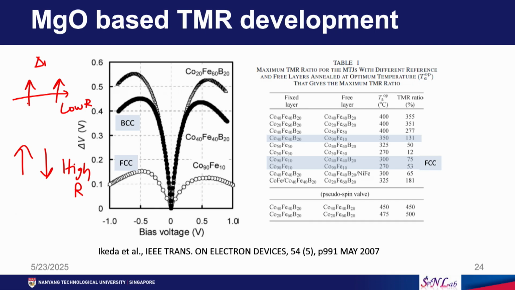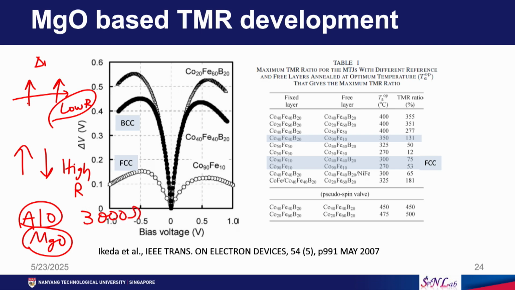The key difference between aluminum oxide and magnesium oxide is that the low resistance of magnesium oxide is actually much lower than aluminum oxide. Let us say in magnesium oxide you have like 3000 ohms versus 1000 ohms. In the case of aluminum oxide, you will go from 3000 ohms to probably like 2200 ohms, something like this. So, for the parallel state you will have much lower resistance in magnesium oxide.